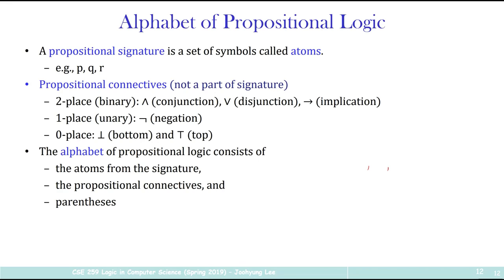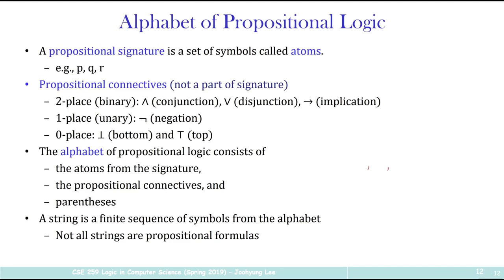These are the symbols. Of course, if you just enumerate symbols in arbitrary sequence, that doesn't necessarily mean a propositional formula. A string is just a finite sequence of this alphabet. But what we are really interested in is the sequences that actually make some sense.